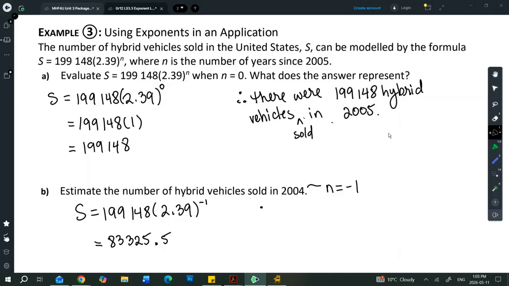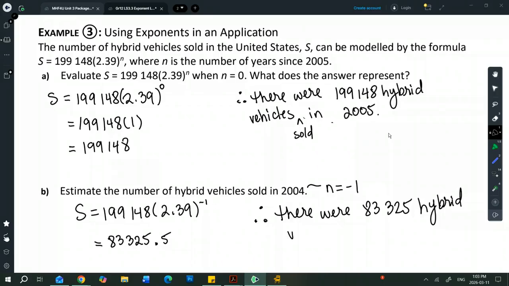So we're gonna do therefore there were 83,325 hybrid vehicles sold in 2004 based on the formula. That would be our estimate.